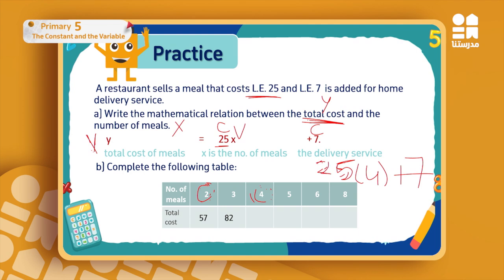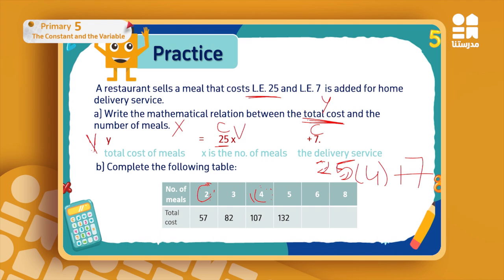Okay, so it will be 100 plus 7, which is 107, and so on. 5 times 25 is 125 plus 7 is 132, and I continue the same way.